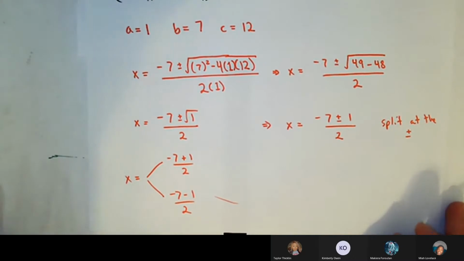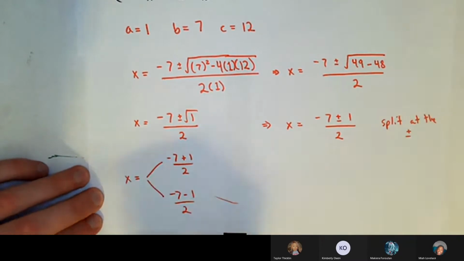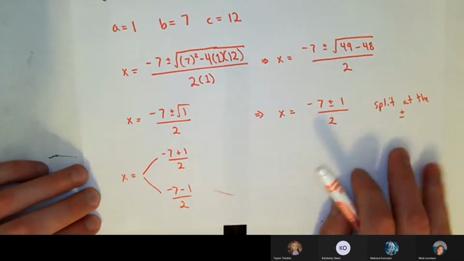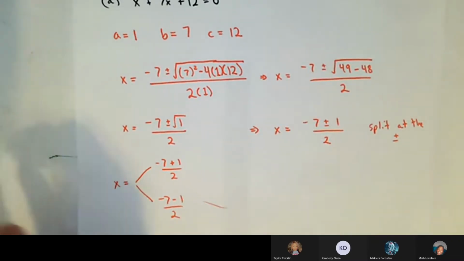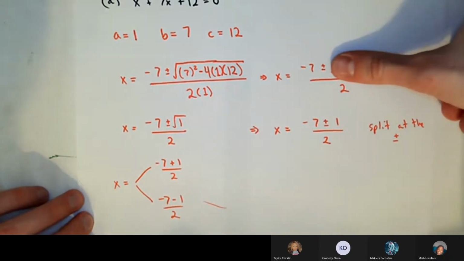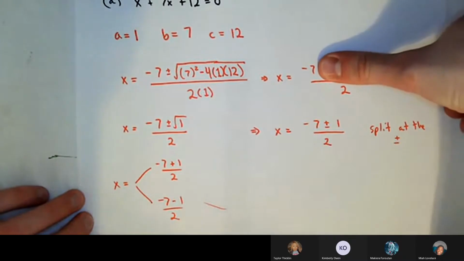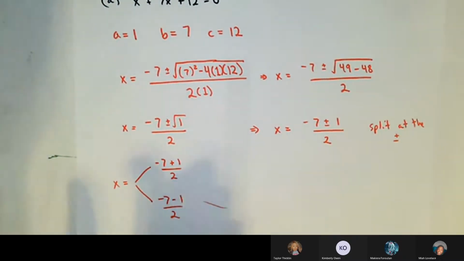There's only one time you don't have to split, and that would be if the thing under the radical zeroes itself out. If it's just 0, if we had 49 minus 49, then this would completely go away along with the plus or minus, and you would only have one solution. But in most cases, you're going to have two solutions, at least in these kinds of problems.